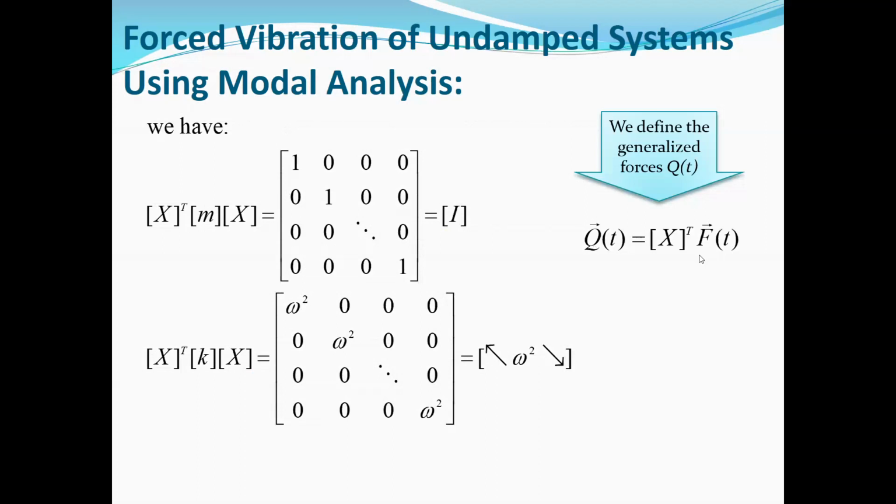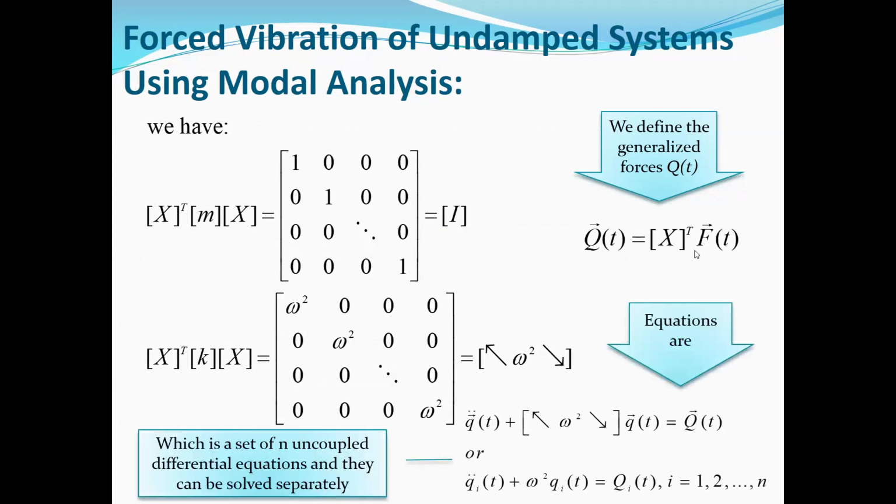Instead of X transpose multiplied by F(t), we define the new generalized force Q(t), and then we can substitute into the equation, and you will see that instead of n coupled ODEs, we will have a system of n uncoupled ODEs of order 2 like this: qi double dot plus omega i squared qi is equal to the uppercase Qi(t), which is the ith component of the vector of non-homogeneous terms.